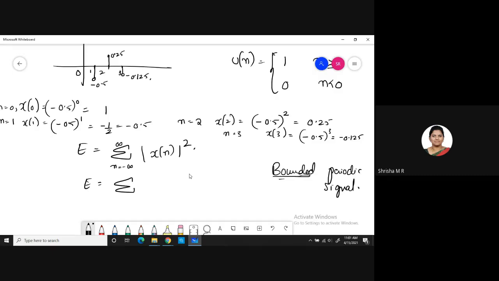What is the meaning of bounded? Which is existing between minus infinity to infinity.